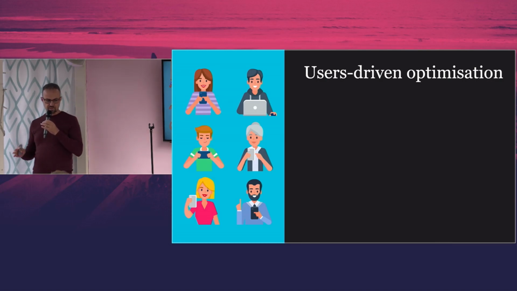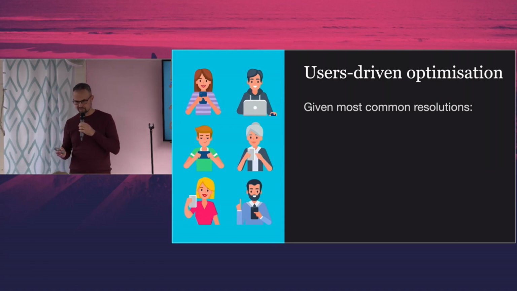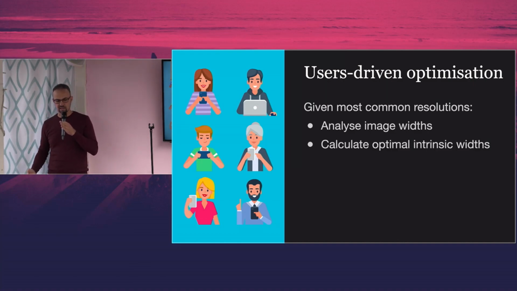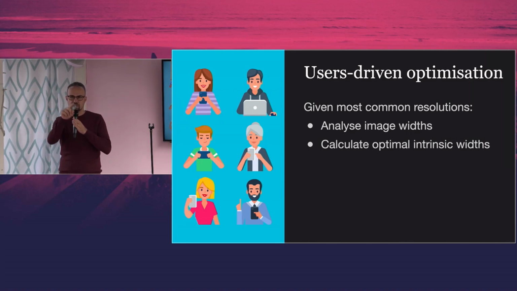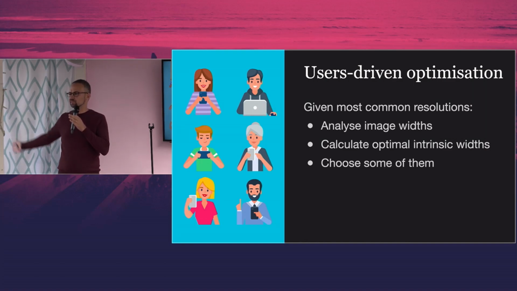So, how to optimize for your most common screen widths and pixel ratios? We want to do user-driven optimization. Given the most common resolutions that your analytics can export for you, we will need to manually do all of these tasks: analyze the image widths at every resolution and see if we are downloading too large an image. Calculate the optimal intrinsic size, so that will need to be 300 times blah, blah, blah, do all the math, and choose some of them, because in the end you will have a lot of possible intrinsic sizes, but you can't resize your images for every possible resolution.